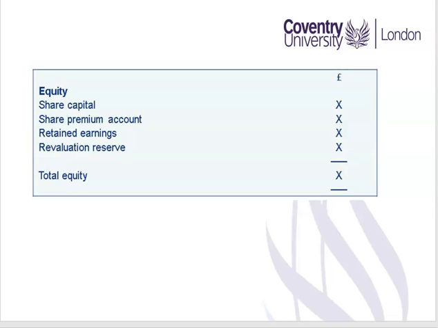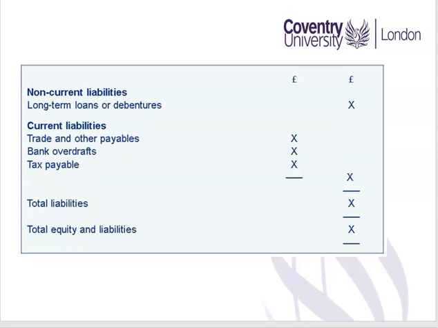So this is the equity, which is made up of share capital, share premium account, retained earnings, revaluation reserve. Total equity, you add to that the total liabilities, which is made up of non-current liabilities, long-term loans, debentures, for example, and current liabilities, which are trade and other payables, bank overdrafts, trade payables. So that's total liabilities.